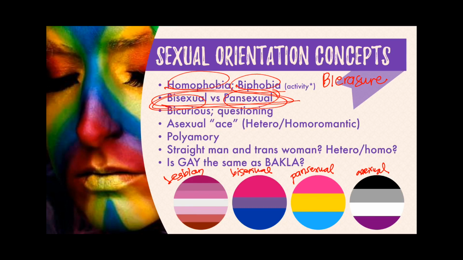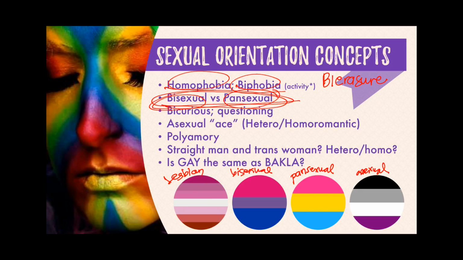Now, the common form of bisexuality is if you are attracted to maleness or femaleness. But there are people who are attracted to males who are straight, females who are straight. They're also attracted to trans individuals. They are also attracted to non-binary individuals.